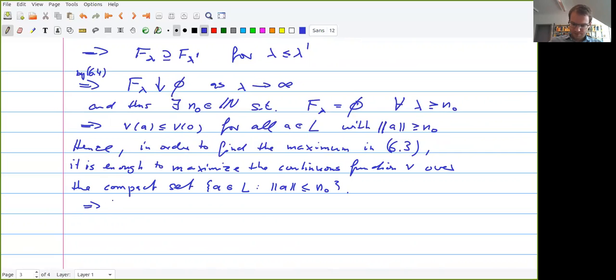In other words, there exists a maximizer A star to our problem. Okay, so if the market is arbitrage free, we can always find a maximizer.